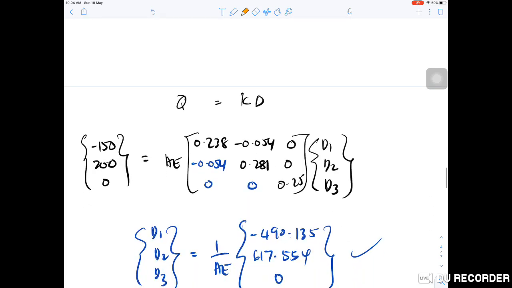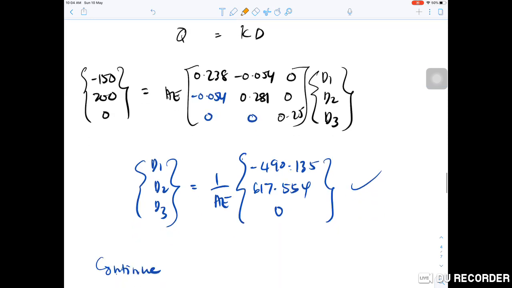So I rewrite only the unconstrained system in order to determine the unknown displacement. Since AE is not given, we get the unknown displacement in terms of AE, like this, 1 over AE.